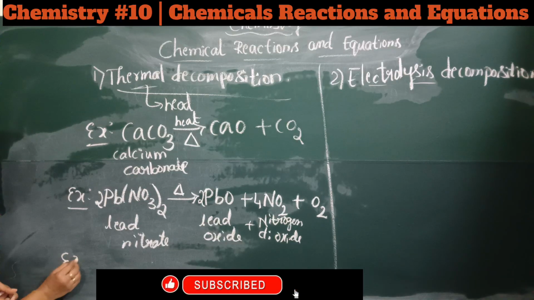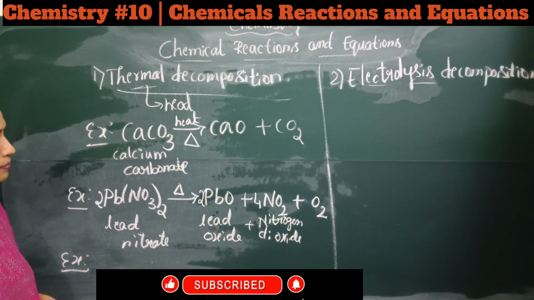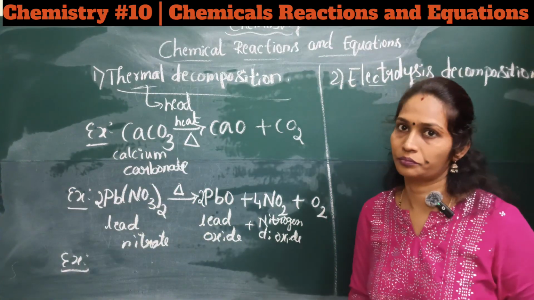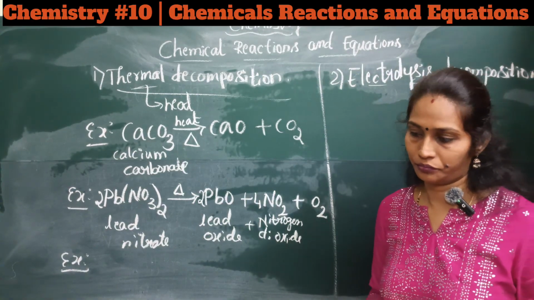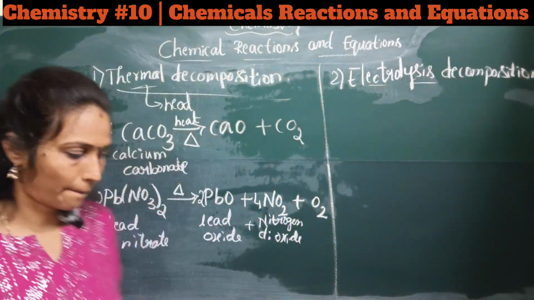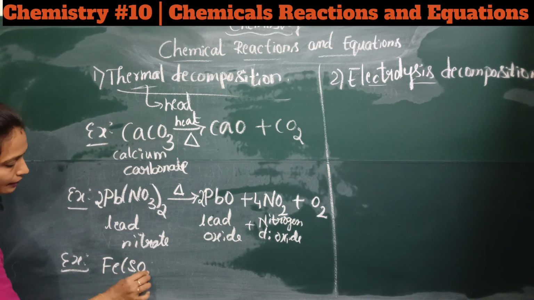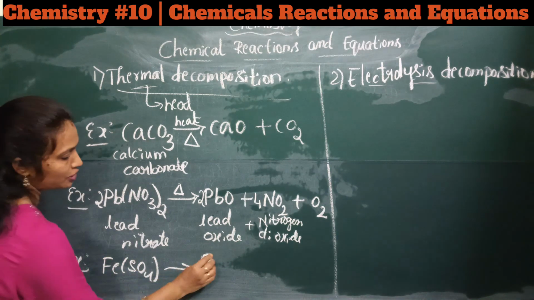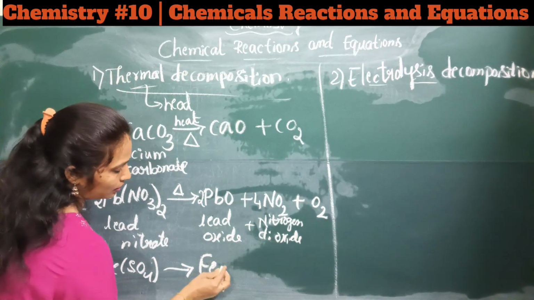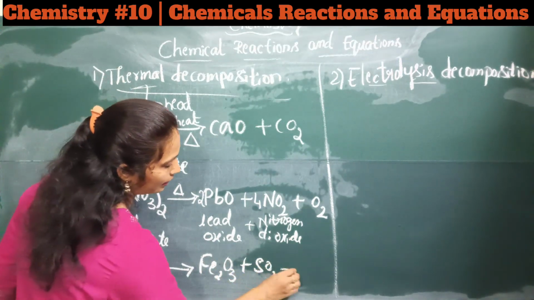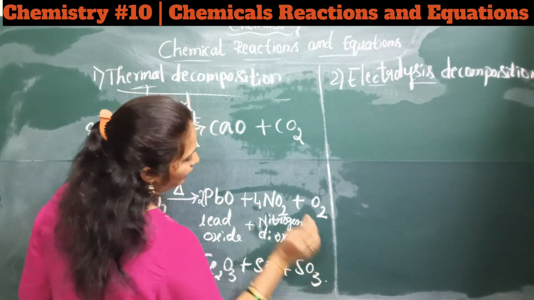Take down another: when ferrous sulfate is heated, there is a formation of iron oxide plus sulfur dioxide and sulfur trioxide.